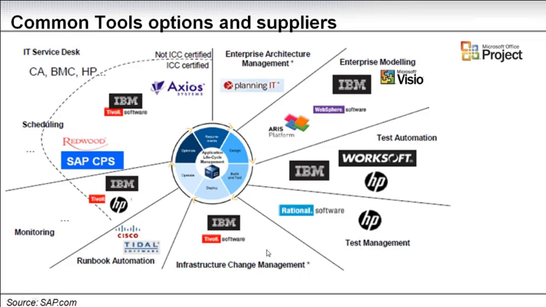There's other tools out there that provide that on an enterprise level. Automation, monitoring, scheduling, there's a number of different tools, and you see here that some has been certified to work well with SAP, some is still available but hasn't been ICC certified.